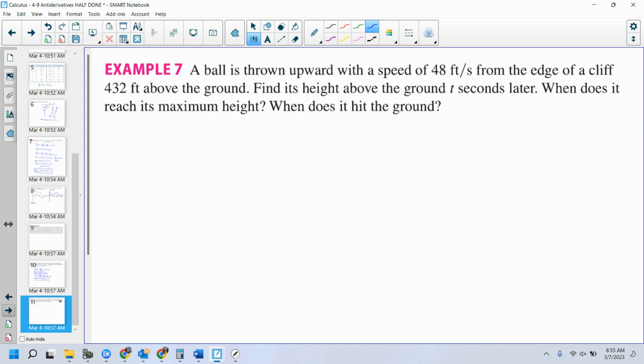All right. Here's the first thing that I need to know. What is my acceleration function? Am I told the acceleration function? What is that 48?